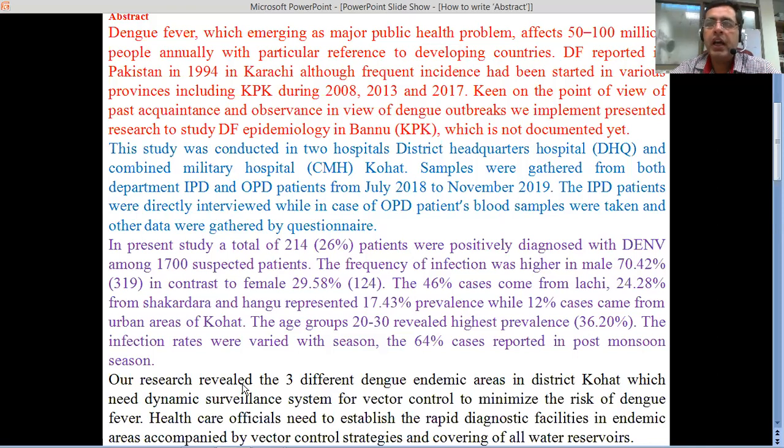Actually, you have to draw a conclusion out of that: if you have got these results, what do these results actually mean? You have to state that particular thing here as your conclusion.